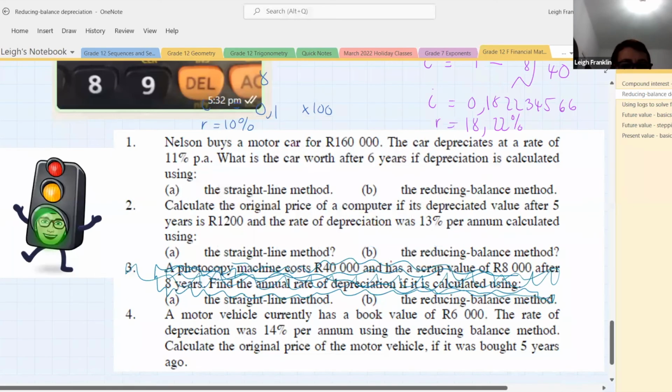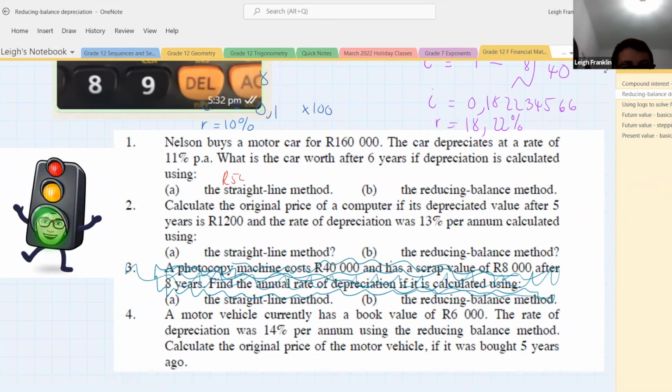Okay, so here in number 1. And here, number 2.